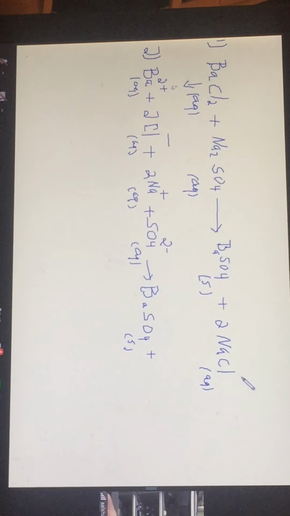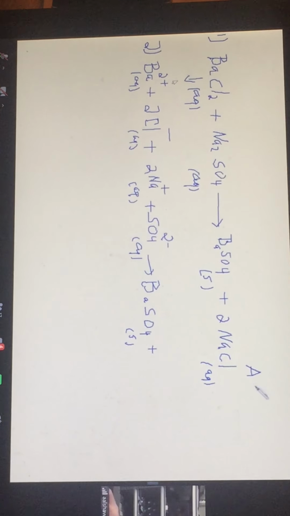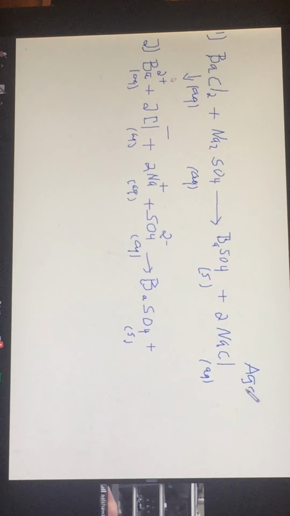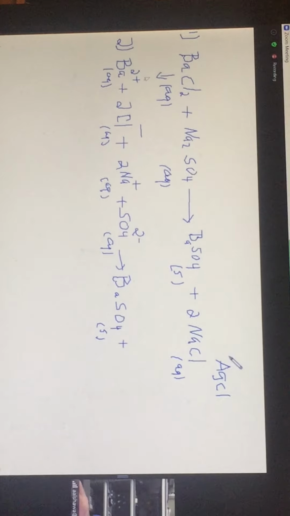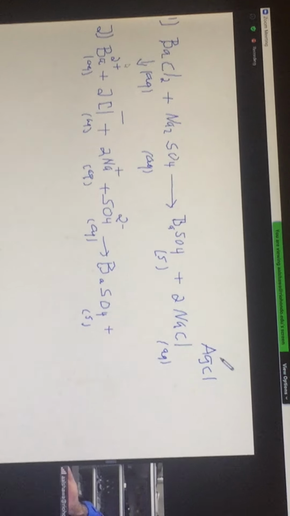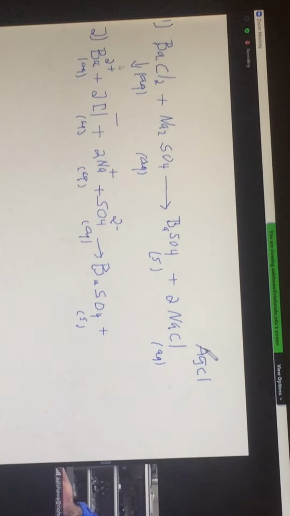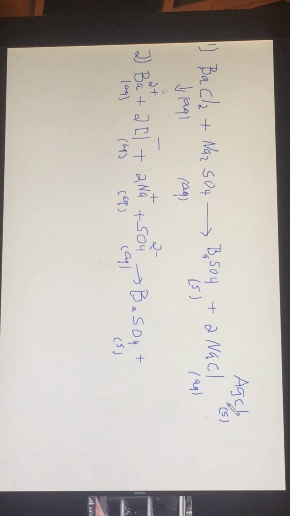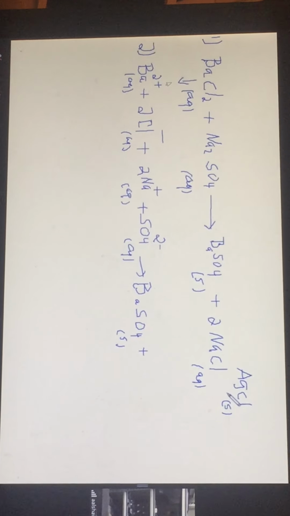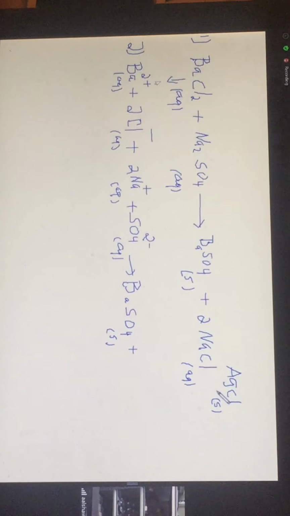For example, if you end up having silver chloride. Chloride is typically a negative ion and silver is typically a positive ion, but that combination is still a solid. How would I know? Go back to that table. That's what I'm trying to say. Do not predict.